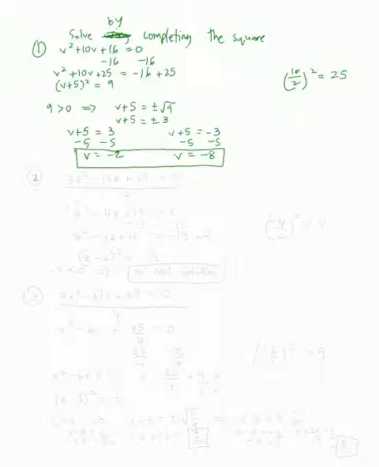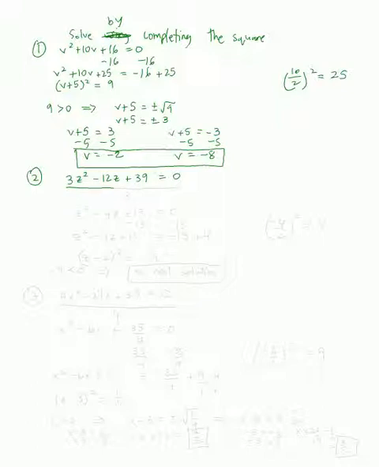Alright, let's try another one. Okay, so we're going to solve 3z squared minus 12z plus 39 equals 0. Step 1. We know we have to divide by 3 because we need the number in front of the variable squared to be 1.